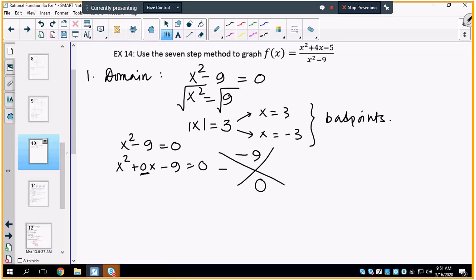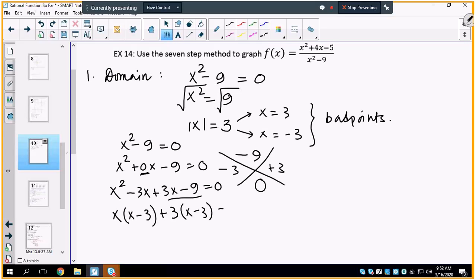Those numbers are negative 3 and positive 3. I say x squared minus 3x plus 3x minus 9 equal to 0. I factored out x from the first 2, get x minus 3. I factored out 3 from the next pair of terms, get x minus 3 as well. So I get x plus 3 times x minus 3.